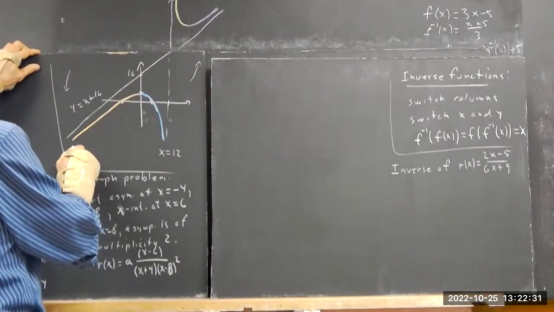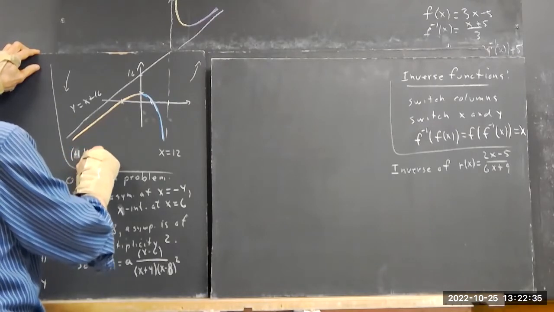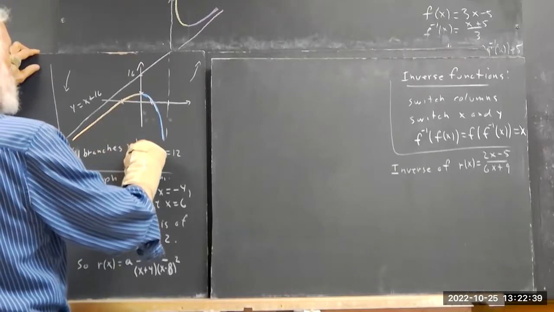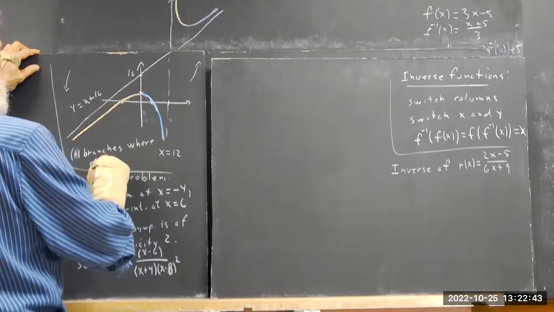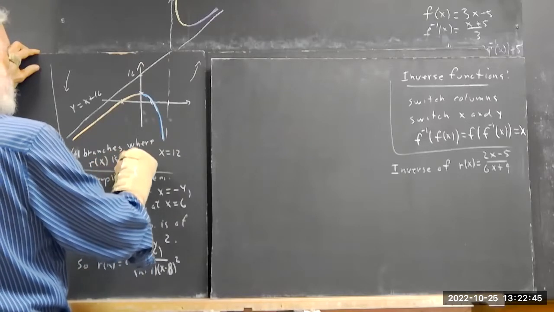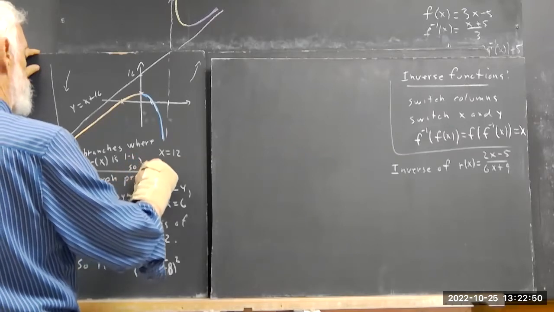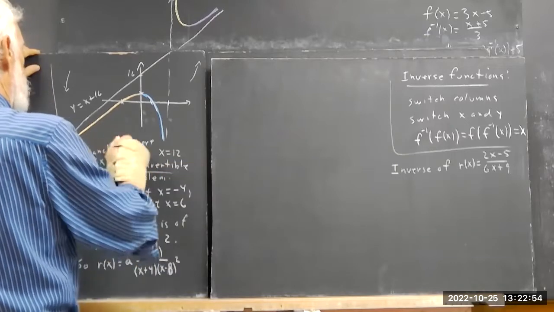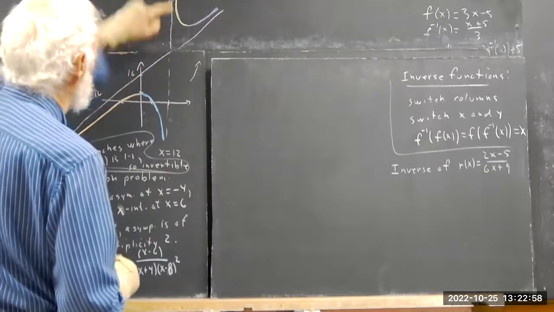So let's say there are 4 branches. 1, 2, 3, 4.